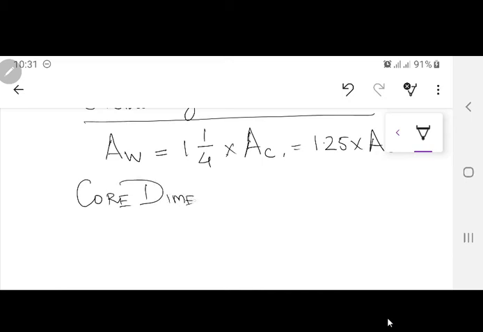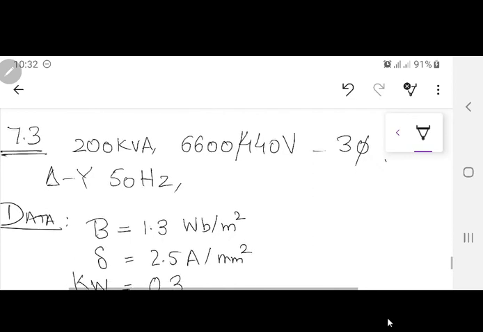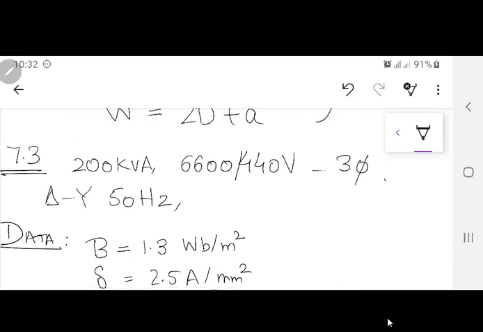Now if you see the data which has been given to you, you have V, you have delta, you have the voltage, you have the S rating and all those factors. So here you can use the equation that we did previously in the second lecture.